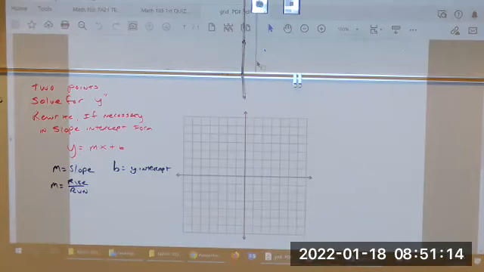So this is where the previous class, Algebra 1, is important. Knowing how to solve an equation for a variable. So we have to undo what's being done to that y. We want to get that y, because that's what this slope-intercept form is. You got to get that y all by itself.